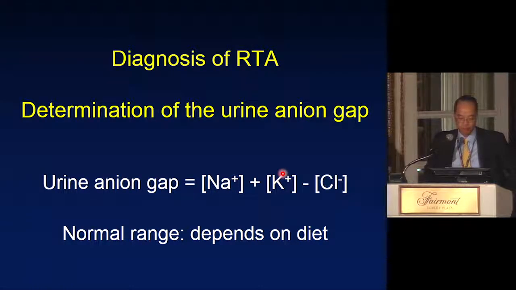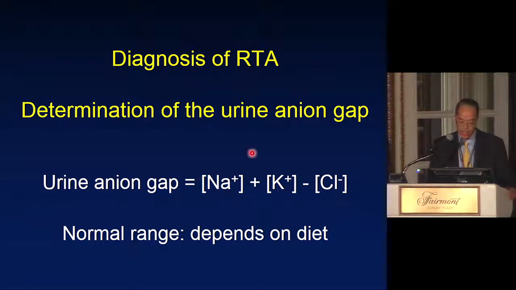And by far the most useful test that you can do is to determine the urine anion gap, and I'll explain why. So what's the urine anion gap? It's the urine sodium plus potassium added together minus the urine chloride. So notice that this is a little different from the serum anion gap. We include the potassium because there's a lot of potassium potentially in urine, much more than in serum.